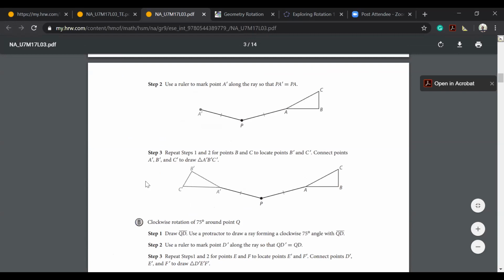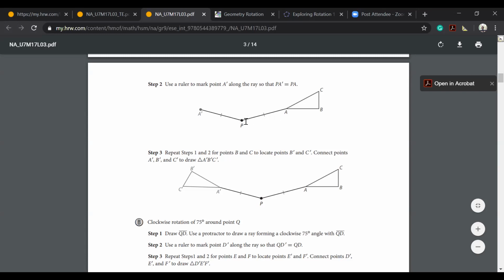Where is the somewhere? Didn't we say a minute ago that the pre-image and the image always lie at the same distance? So you are going to get your ruler and measure this distance carefully. For example, PA was 3 centimeters.